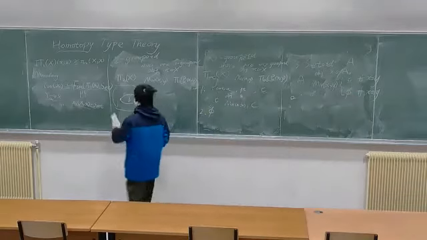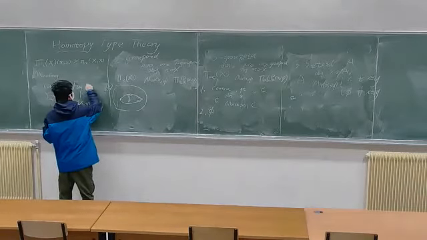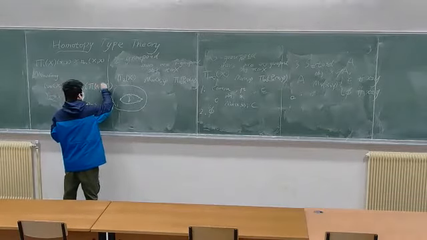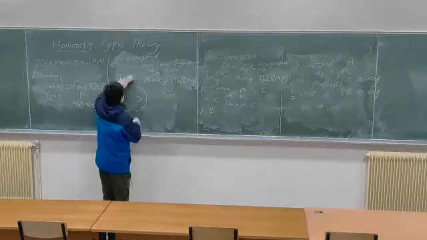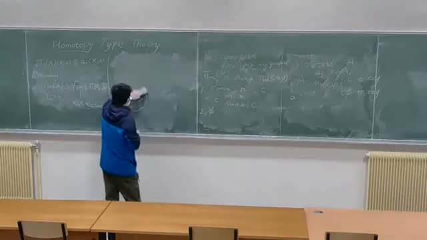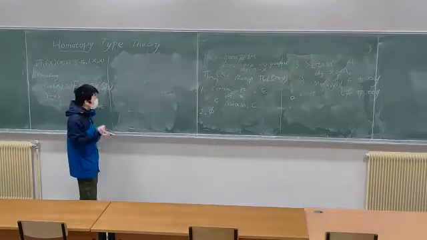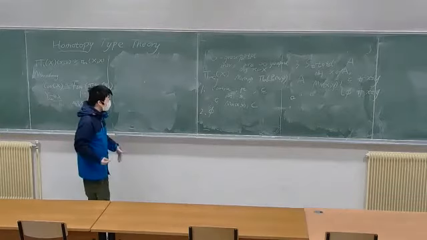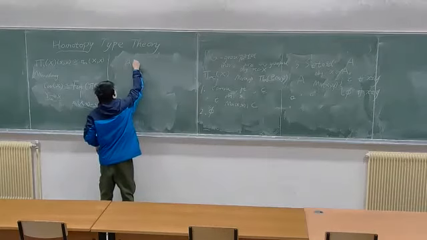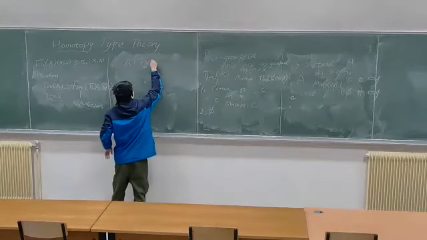So let's see what the type is. As I said, this type is a fundamental object of the theory, so we cannot really define what a type is, like we cannot define set in set theory.